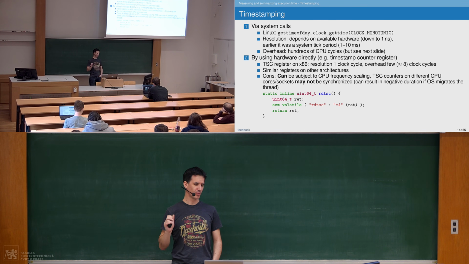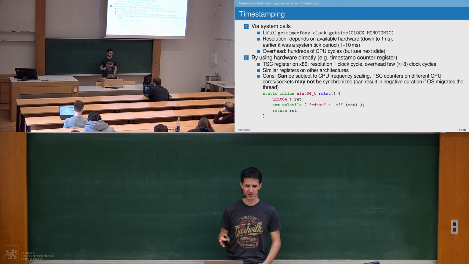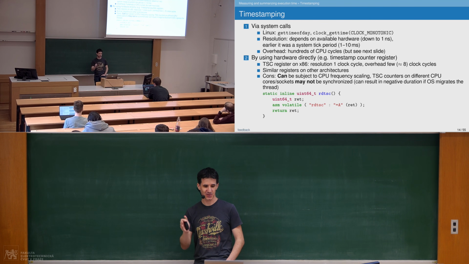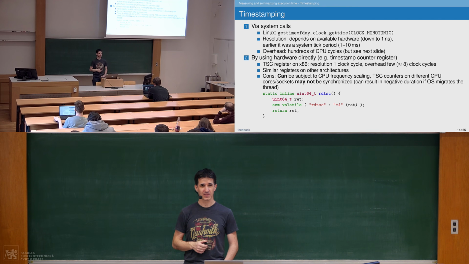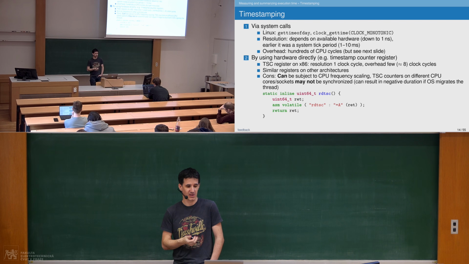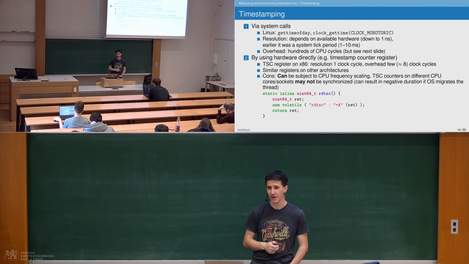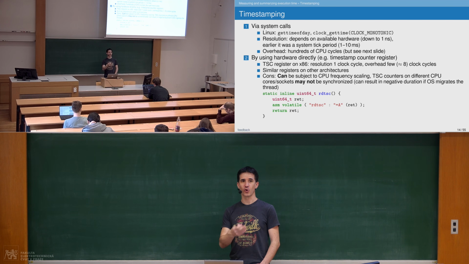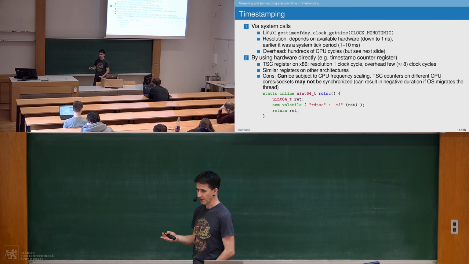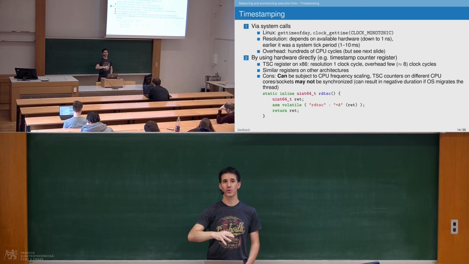Nowadays, if you use a modern CPU, those problems are more or less gone because hardware designers fixed them. But there are still older computers where there were problems in the hardware implementation of this timestamp counter. For example, I said clock cycles. This register measures clock cycles, and your CPU can run with high clock frequency or low clock frequency.